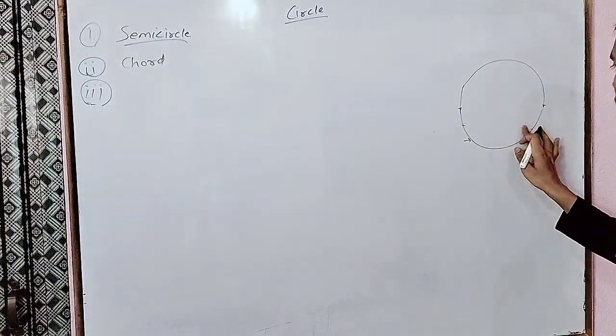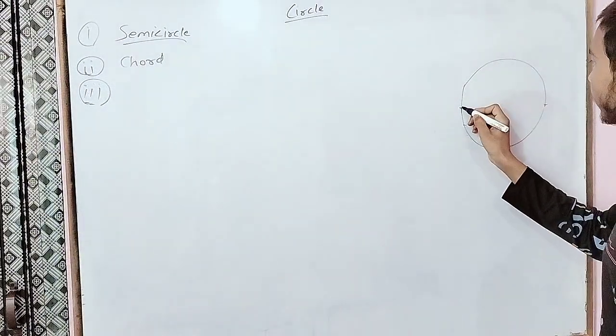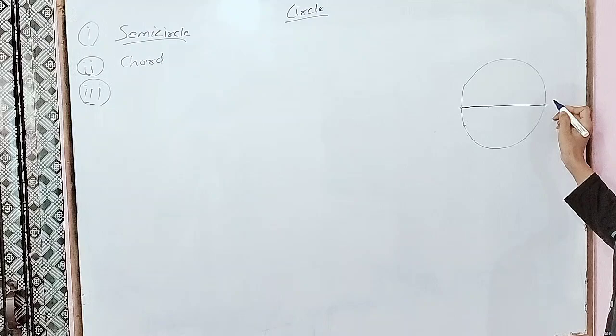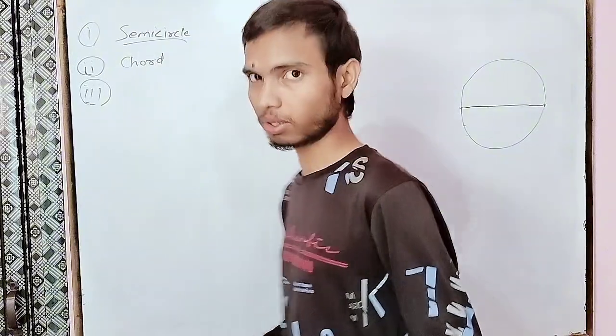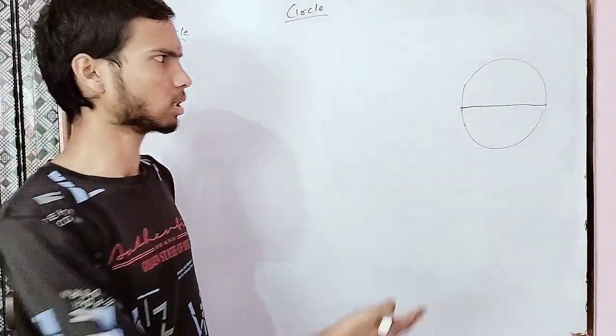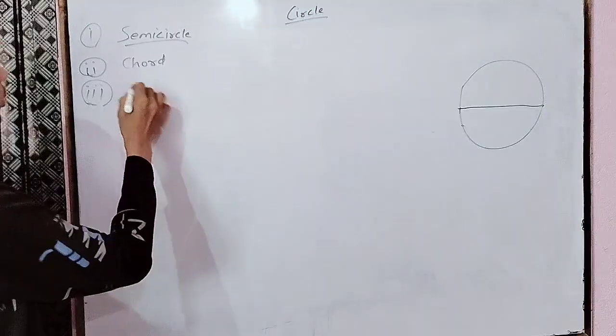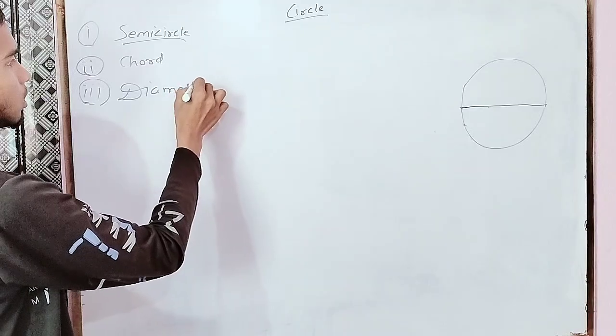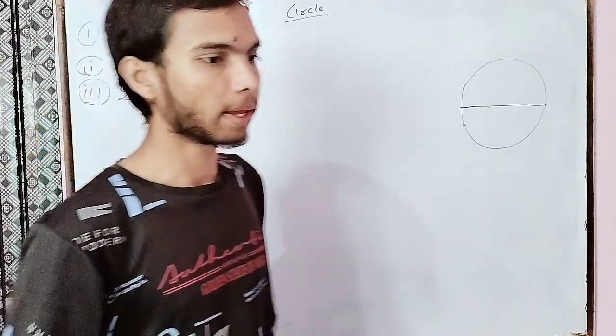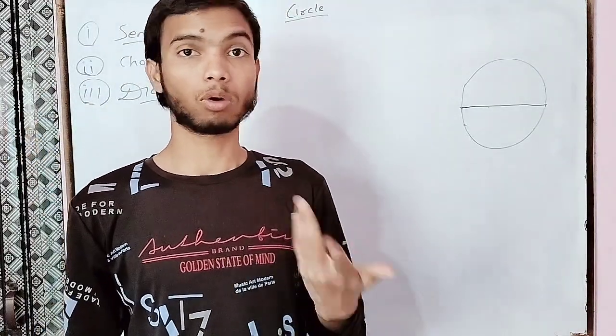When it comes to the longest chord, it will be the diameter. You already know. It is saying the longest chord of a circle is a what? Of course it is the diameter. So the question is saying the longest chord is also the diameter.